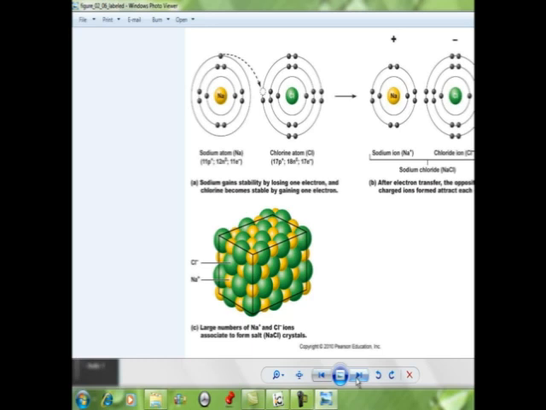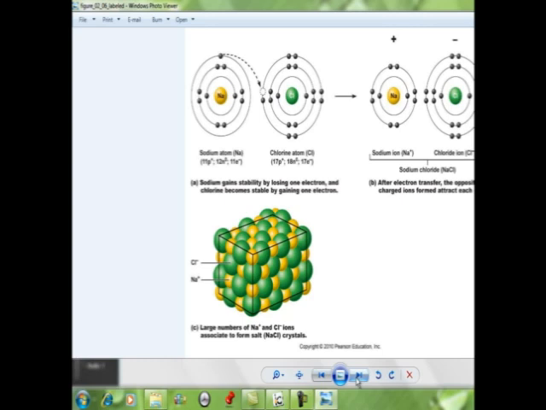So the next part of the book is going to talk about the role of electrons in chemical bonding. And there's different types of chemical bonding. What's a chemical bond? Do you think helium and neon have a chemical bond?